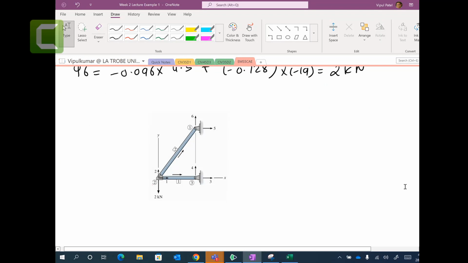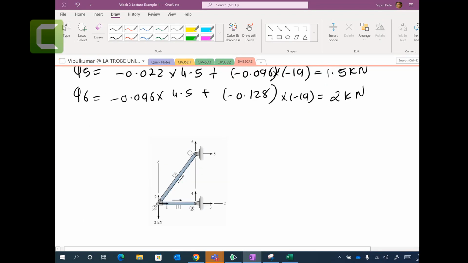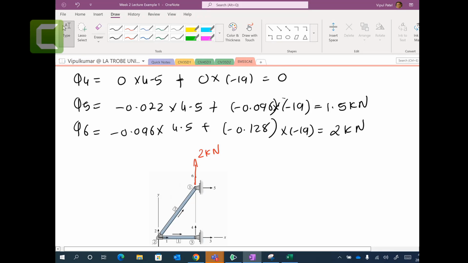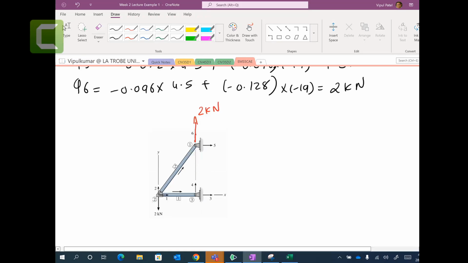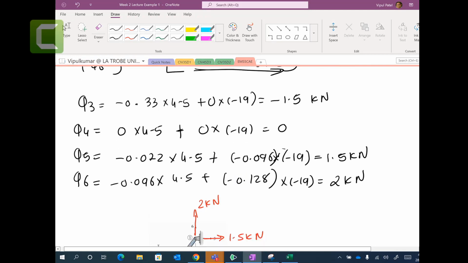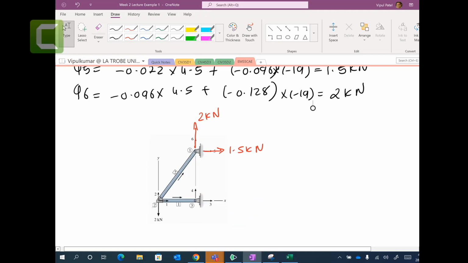So in here, the equilibrium, let's say you have a reaction for Q6 of 2 kilonewtons and it is positive. Q5 is 1.5 kilonewtons, and minus 1.5 for Q3. So you can look at the horizontal equilibrium.